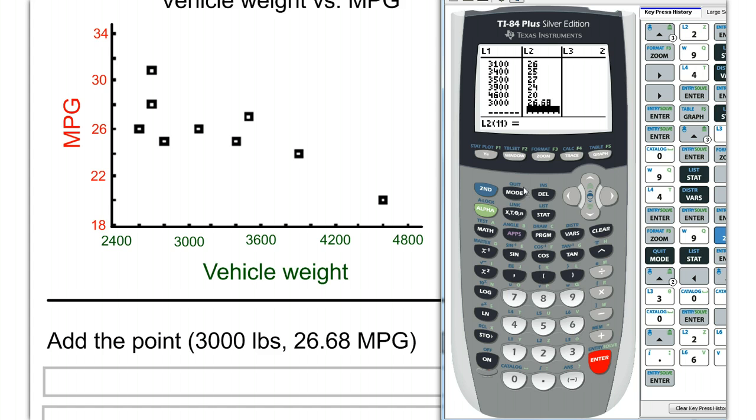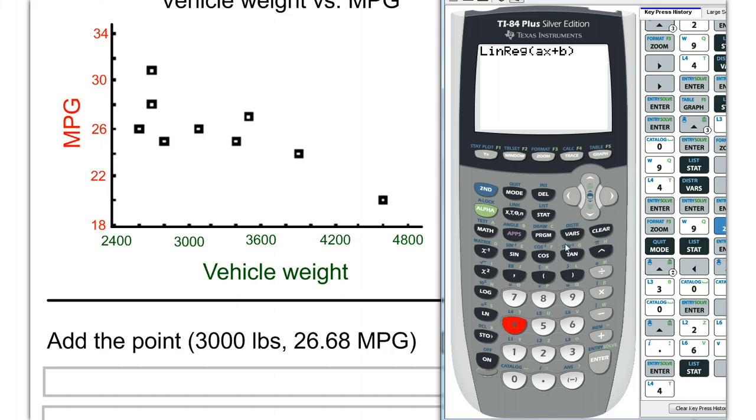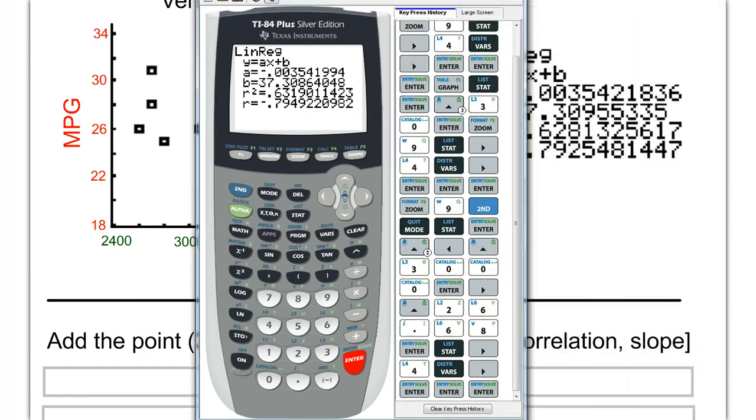And the reason that we're using that one is because it happens to fit exactly on the old regression line. So if I go to Stat, I go to Calc, go to LinReg, I'm going to want to update my best fit line, so I'll go to VARS, Y-VARS, enter, enter, enter, and here is my updated data.